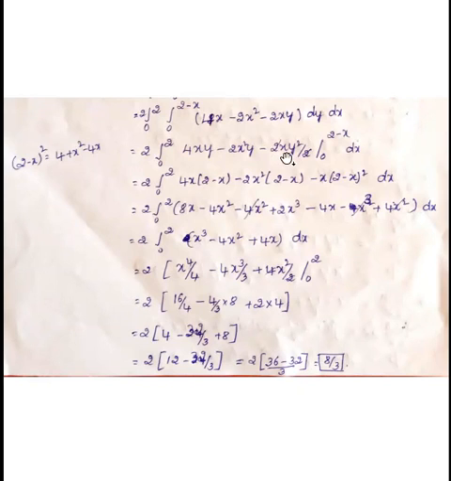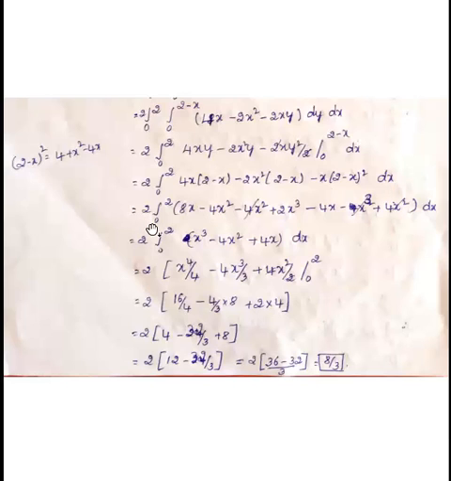Minus 2x y integration is y²/2, between the limits 0 to 2 minus x, with respect to x. 2 into the integral from 0 to 2 of 4x into the upper limit y is 2 minus x, minus the lower limit 0, minus 2x² into the upper limit 2 minus x, minus the lower limit 0. The 2 gets cancelled: x into (2 minus x) whole squared, minus the lower limit 0, with respect to x.